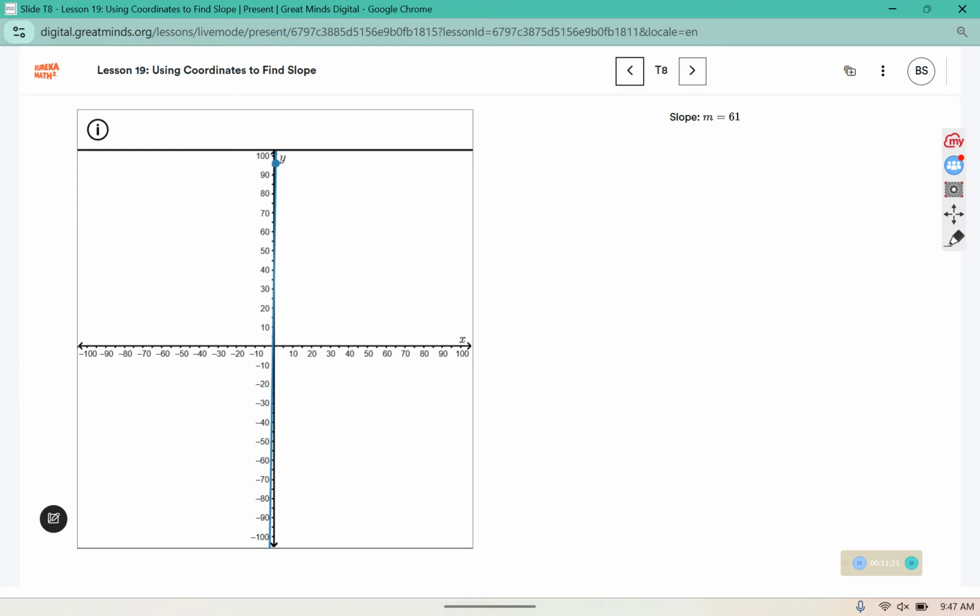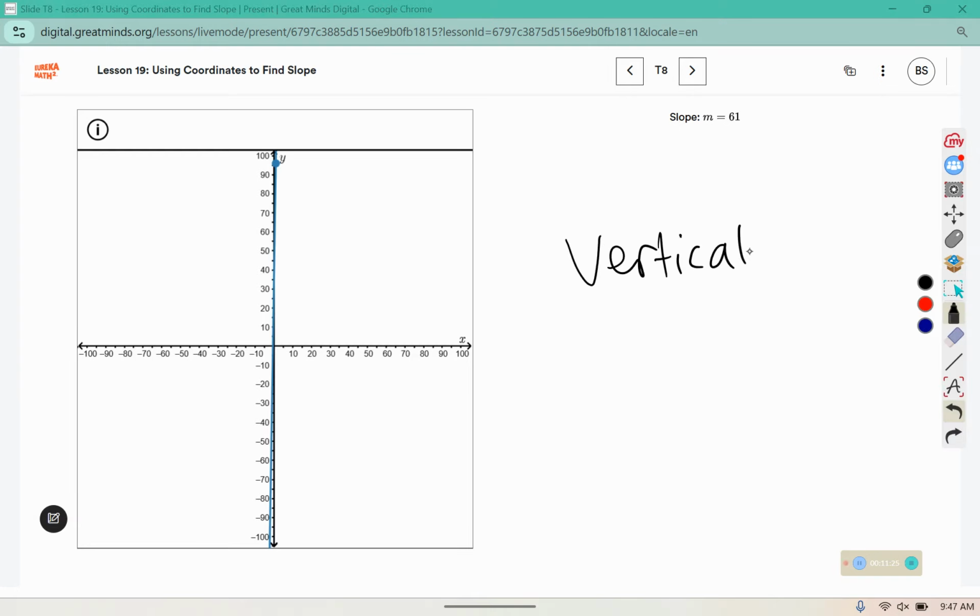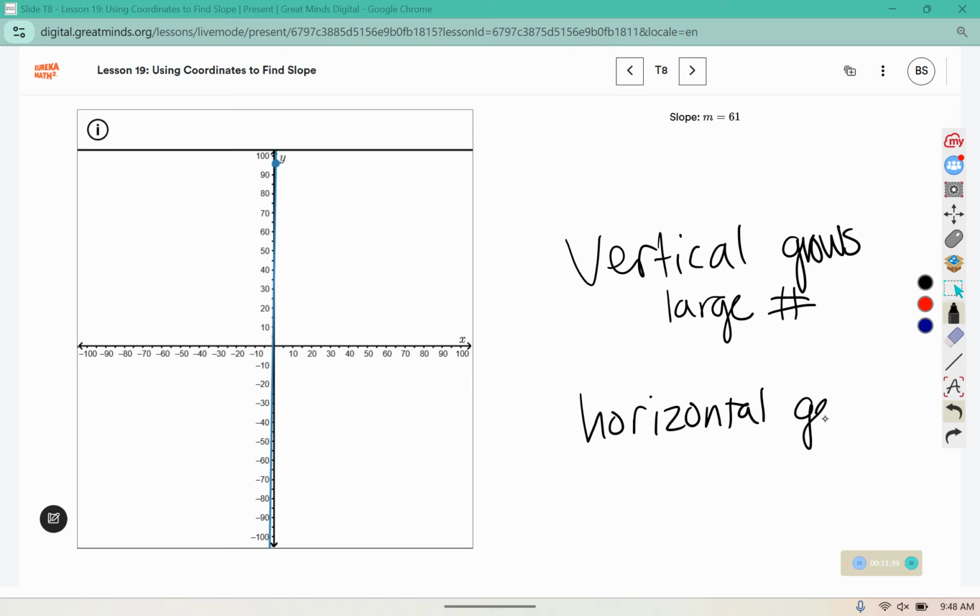As we get towards vertical, it grows to a large number. As we move to the horizontal, it gets much, much smaller.